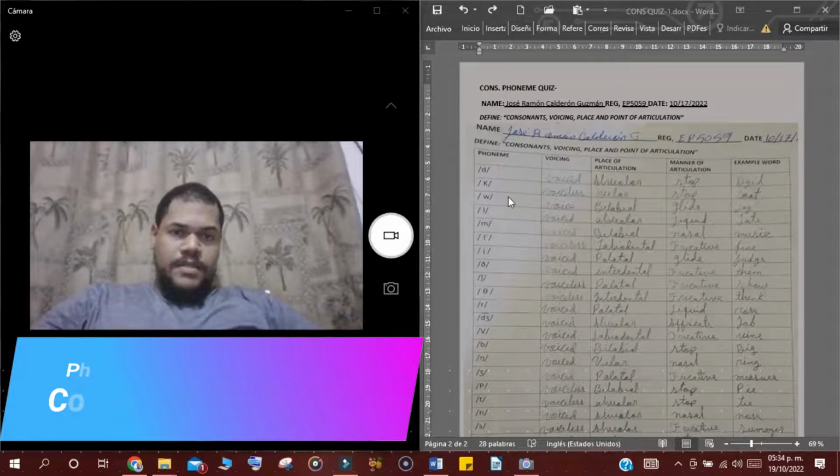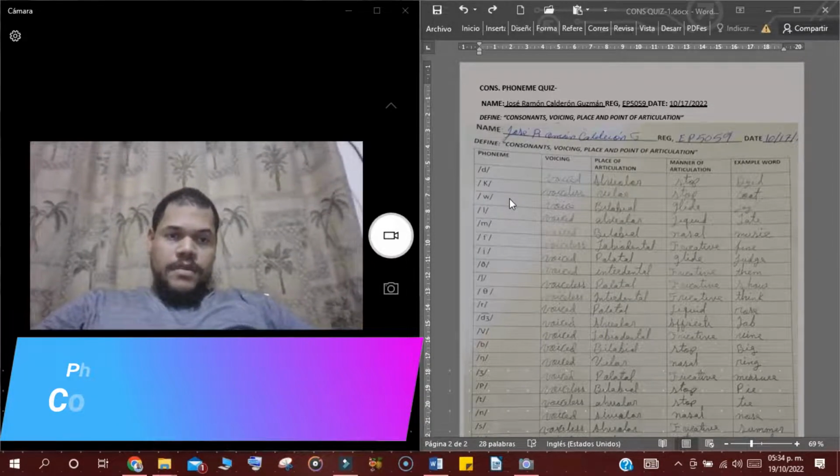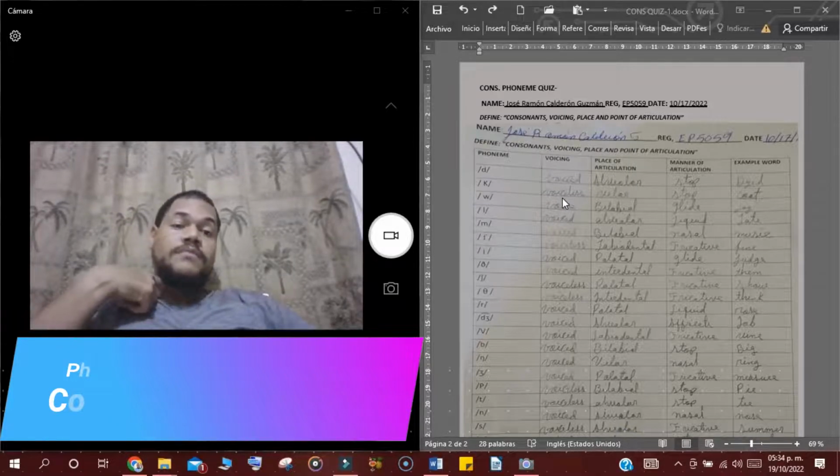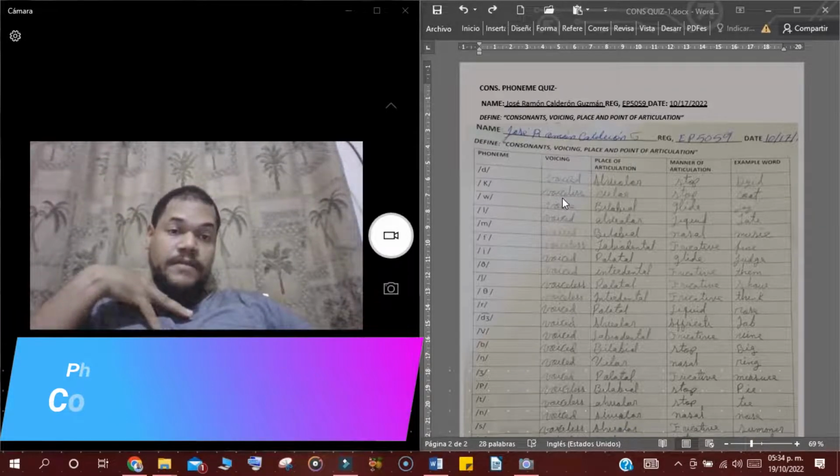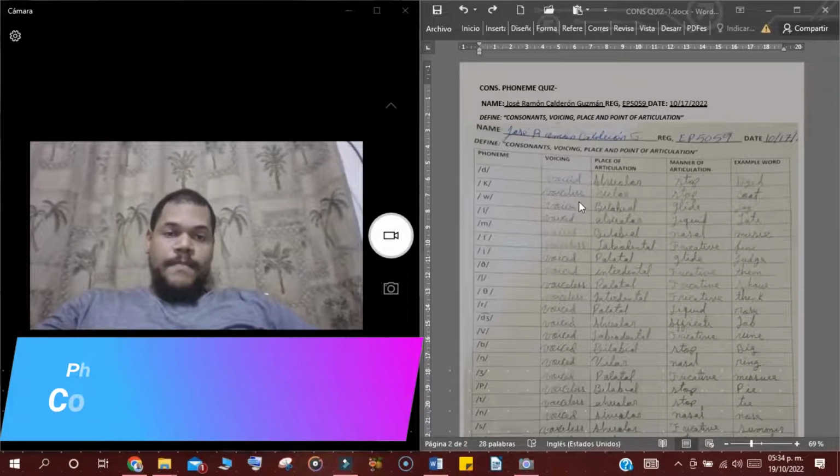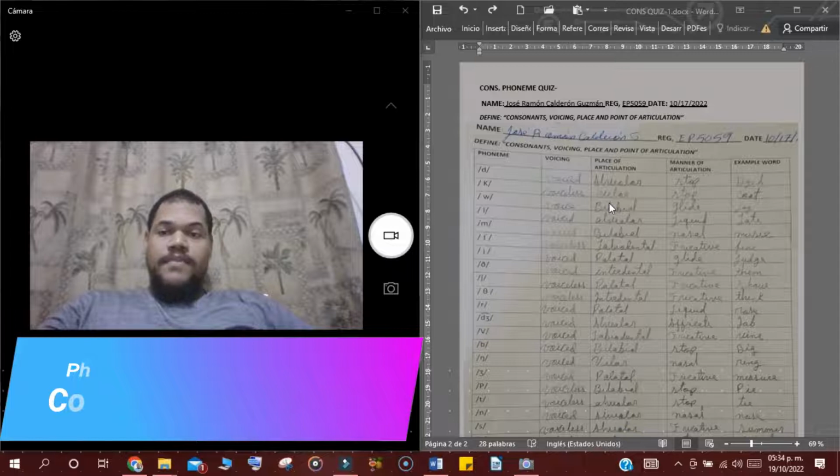We have the W. The W is voiced because the vocal cords vibrate. It is bilabial because both lips interact in order to make that sound. For example, wah, wah. You see?